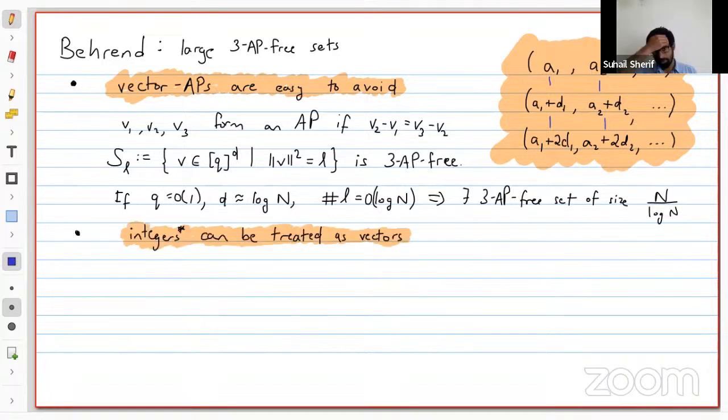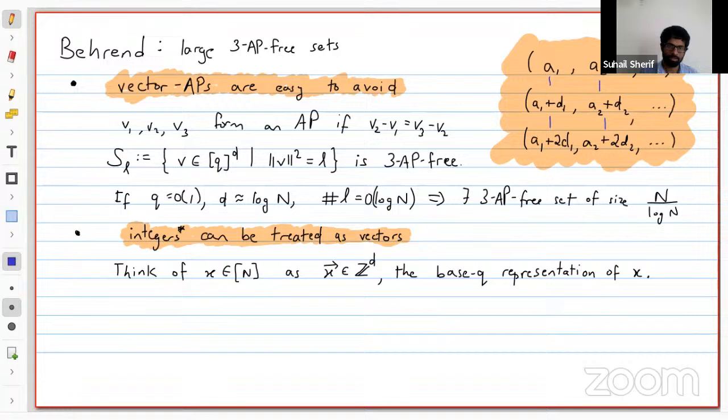So for this, we note that integers can actually be treated as vectors. And that is, if I think of x just being an integer from 1 to n, in terms of its base q representation, so here let's assume that n is approximately q to the d. So if you write its base q representation, that's a d-dimensional vector.